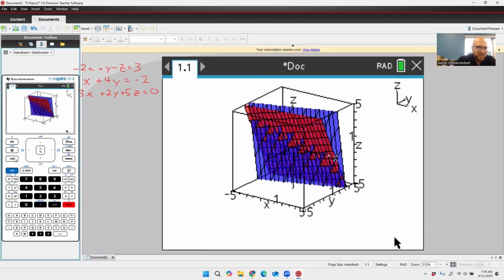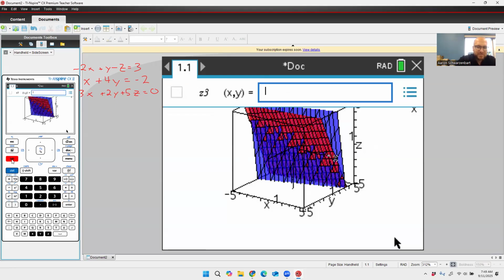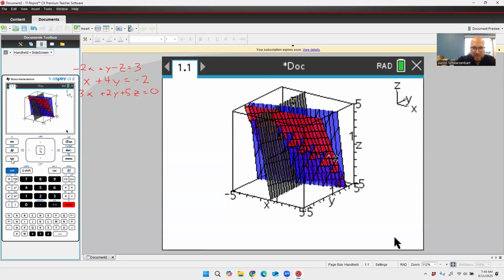If I enter a third one, I would get a single point where this black one intersects the line of intersection. And that is the solution to my three variable system.